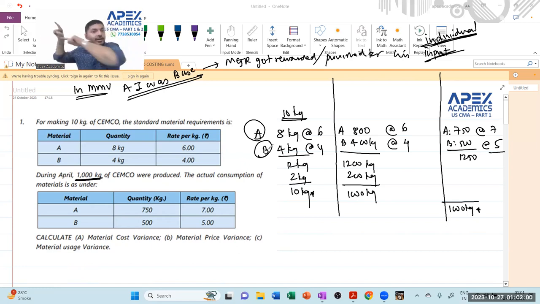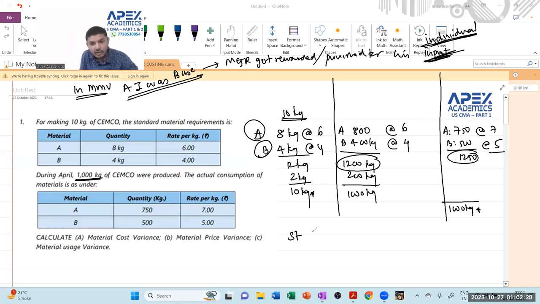Okay, it is consistent. How much B is putting, it is consistent. Now I'm saying no, I'm not interested in individual input consistency at all. Then what are you interested in? I am interested in actual input consistency with standard input consistency.